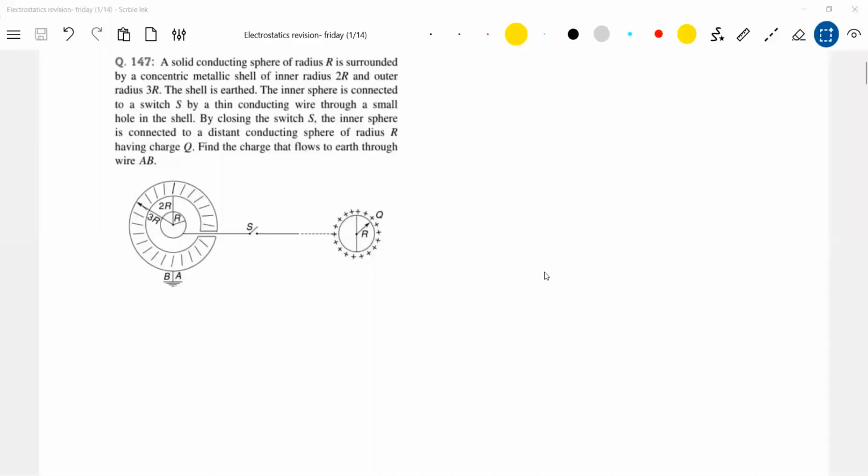You should work out. Usually outside there won't be any shell, no? So I just picked up a problem where outside also there'll be a shell. Draw the diagrams also. What is given? By closing the switch, the inner sphere is connected to a distant conducting sphere of radius r having charge q. The charge from that outer sphere will flow into this one.